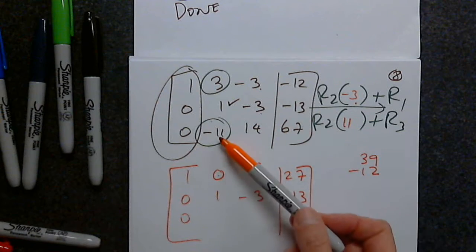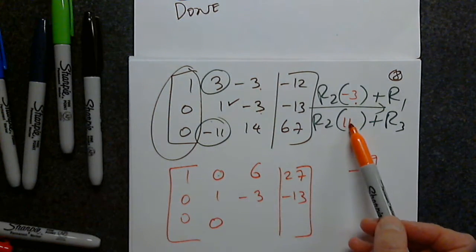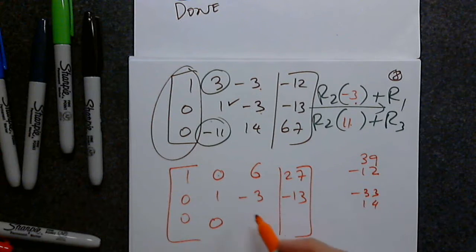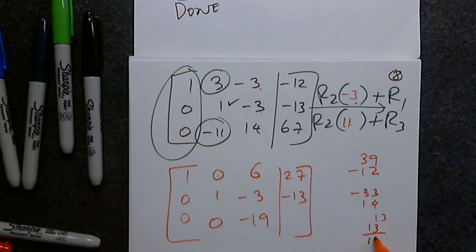1 times 11 minus 11. Negative 3 times 11. That is negative 33, and 14 is 19. Negative 13 times 11. It's minus, and 67. Hold on.